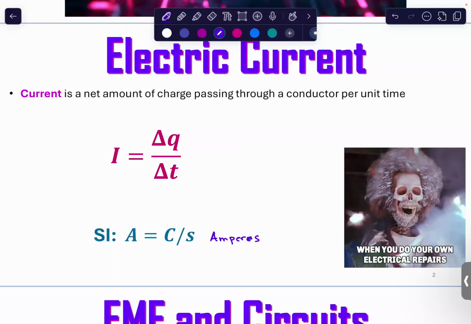And 1 amp is 1 coulomb per second. There'll be more as we go along. You're going to have to get the unit for resistance, which is ohms. And that's usually the symbol that people hate drawing the most. It's a capital omega.